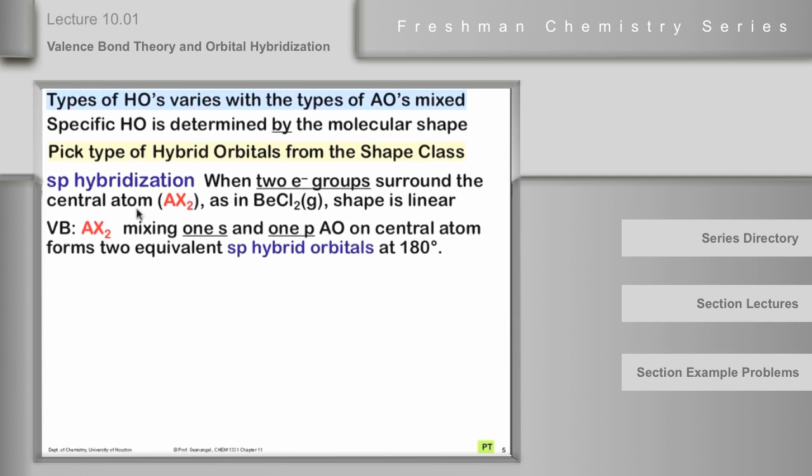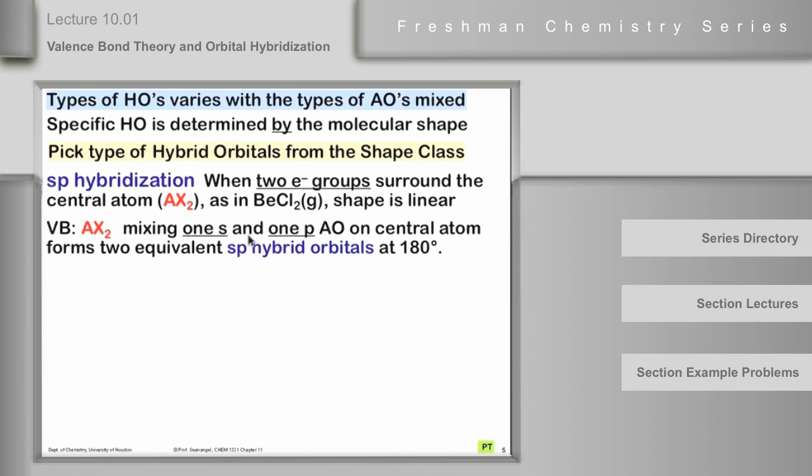Okay. Now, one way that we can do that is to mix a valence s atomic orbital wave function with a valence p atomic orbital wave function on the center atom. And since we mix two atomic orbitals, we'll get two hybrid orbitals. They will be equivalent. Their name will be sp because we used one s and one p.